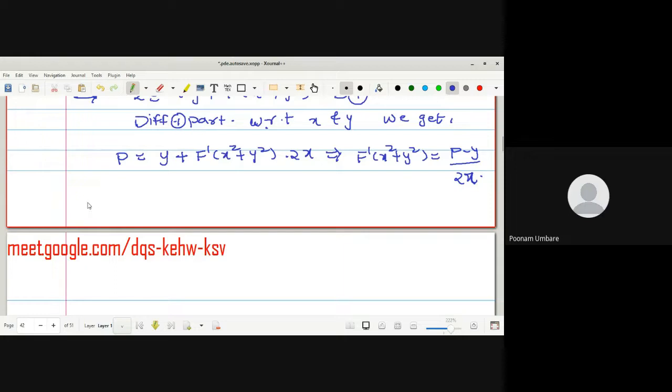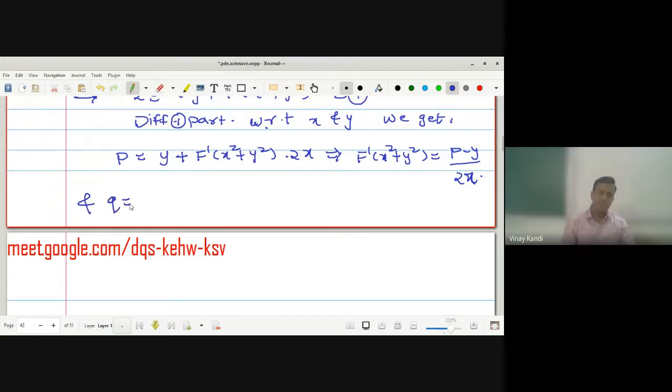And q is equal to x plus f dash of (x square plus y square) into 2y, which implies f dash of (x square plus y square) is equal to (q minus x) upon 2y.